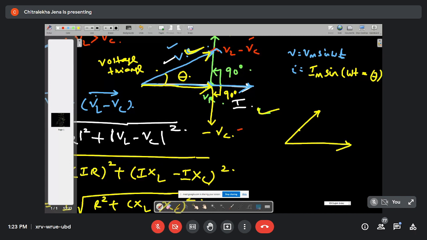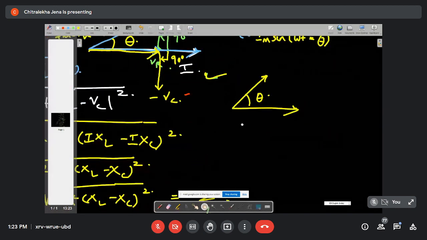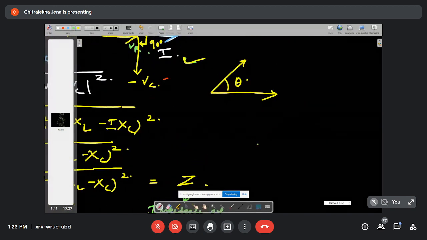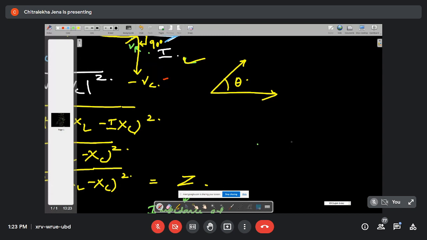This is angle theta. Look at the previous diagram, the voltage diagram I have drawn for the inductor, for the RL circuit.